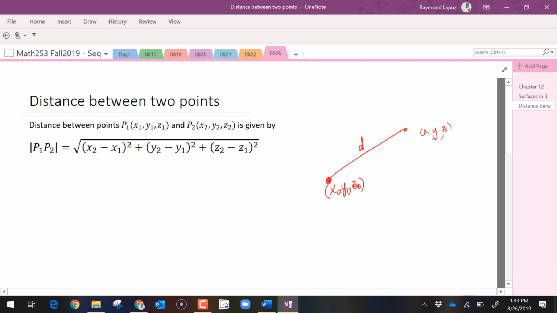So by fixing x naught, y naught, z naught, and the distance d, and actually, what if we change the name d? What other variable do you think I'd want to use?